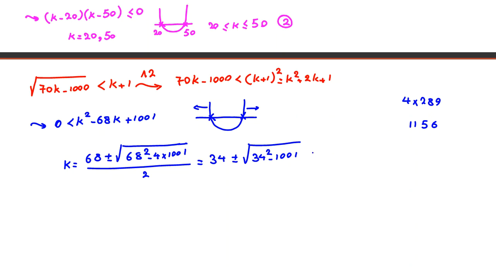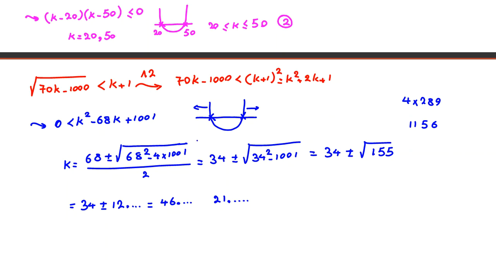So 1156 minus 1001, which will be 34 plus minus the square root of 155. Okay, and we know the square root of 155 is 12 point something, because 12 squared is 144 and 13 squared is 169. 34 plus this is 46 point something. 34 minus this is 21 point something.